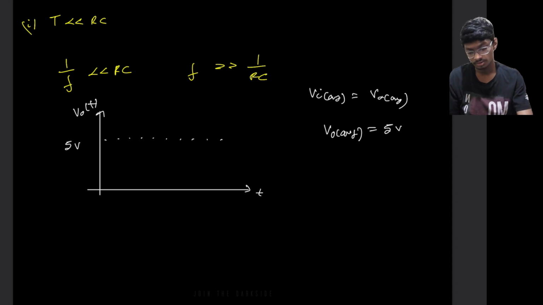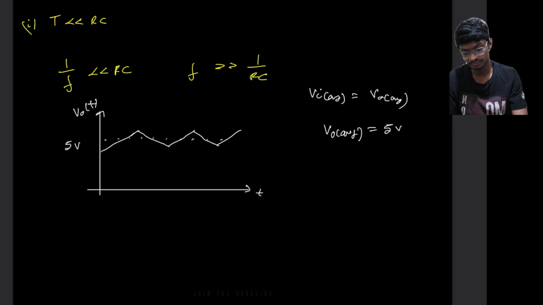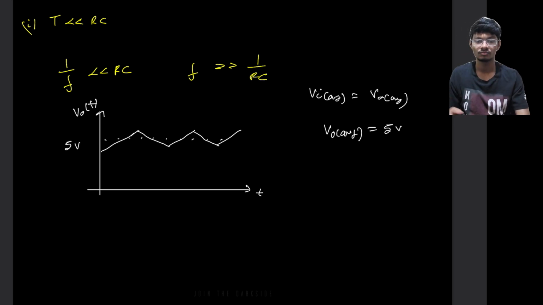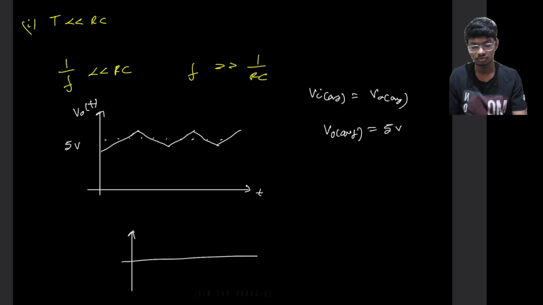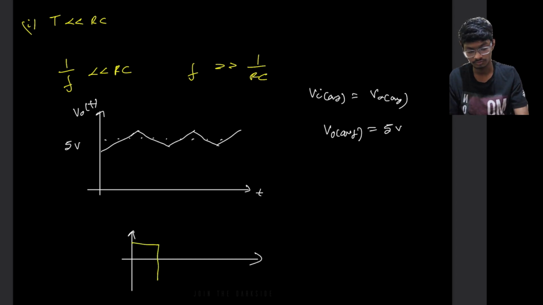But there will be some high frequency ripples around this, as you have seen. So the waveform will look something like this. It will just ripple around this 5 volts, but the average voltage will be 5 volts. From this we can easily find the output current. Just solve for both cases as we solved earlier. Basically the output current will be the same as we obtained.